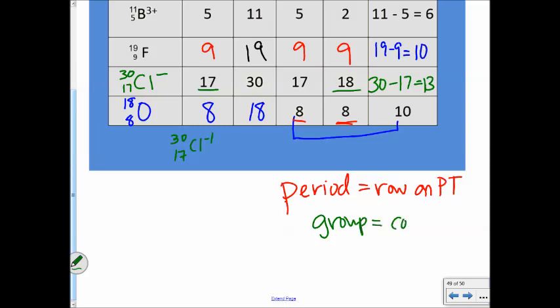Groups equal the columns on the periodic table. So when you're looking for that information, realize that the rows are the periods and the groups are the columns. Okay? So if you want to write that down real quick, just a quick little note in doing that assignment.